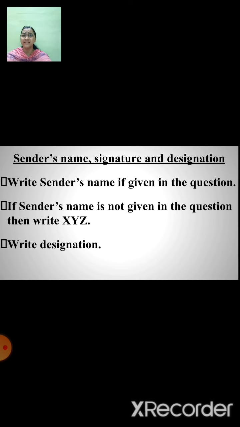You will write the designation just below the name. Students, understand, designation will always carry weight to your letter. Now, suppose you are writing the letter, so your designation will be student. I'm sure, students, you all have understood the format for a formal letter.